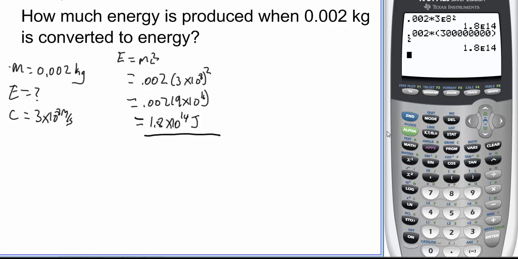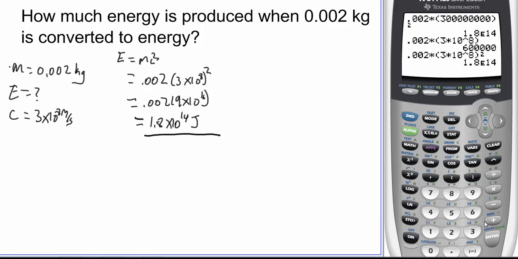So what I mean by that is you can take 0.002 times 3 times 10 raised to the 8th power. Oops, I forgot to square that. So I'm going to pull that equation up again and square that 3 times 10 to the 8th, and then I have 1.8 times 10 to the 14th.